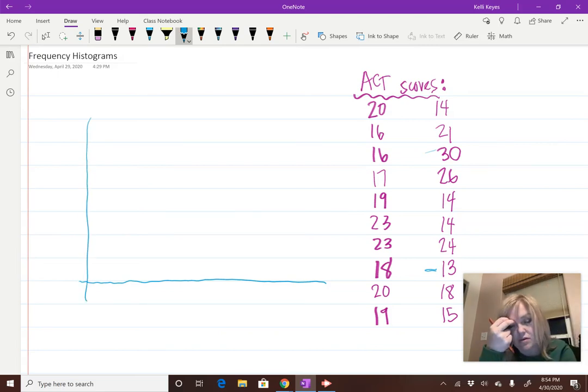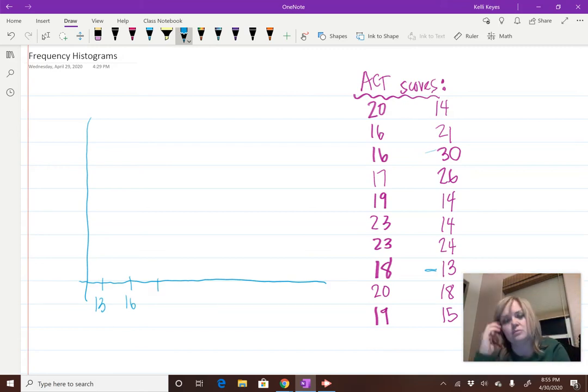Okay, so we're going to go from 13 to 30. I'm just trying to decide what intervals I'm going to do. I'm going to go by 3s, just for fun. So I go 13 and then 16, and just make sure you space them.